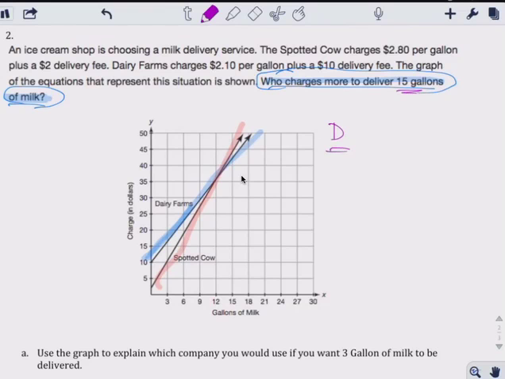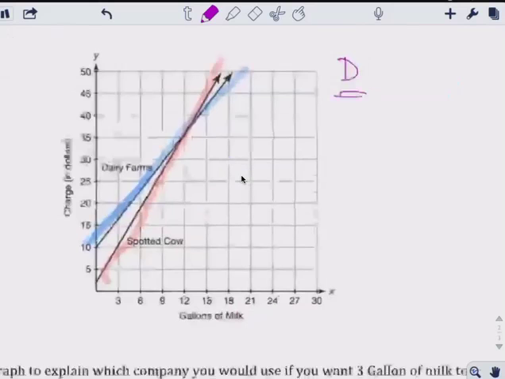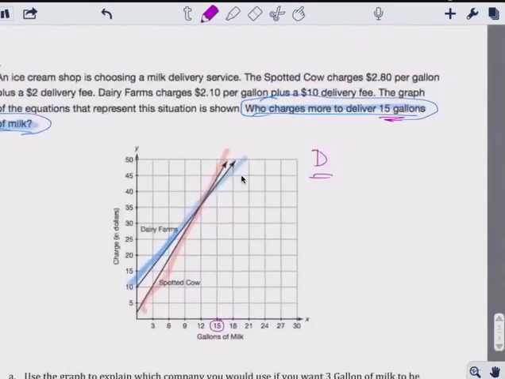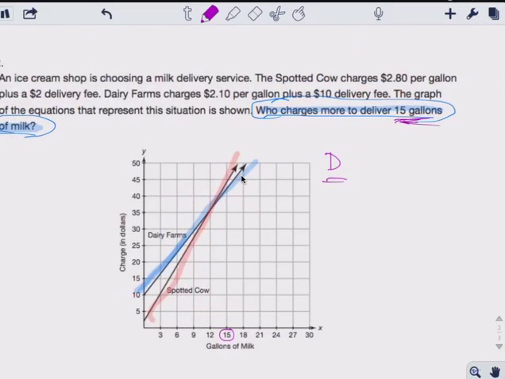They want 15 gallons, right? What number is that? The one on the side or the bottom? Do we look at a number on the side or the bottom for 15 gallons? Bottom, because it says gallon here. There's 15. Circle that number because they want 15 gallons. Going up.